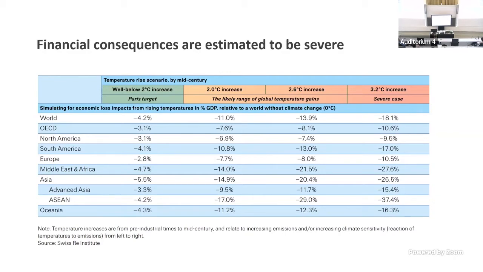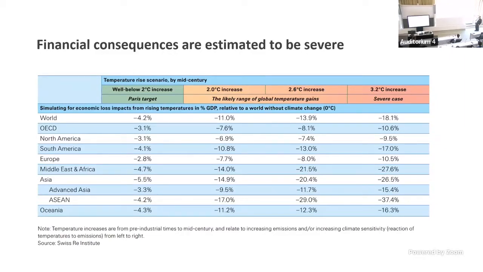And as you probably know, fewer and fewer people believe that we can actually achieve the Paris Agreement target. So as a consequence, we're going to be probably somewhere in the rightmost 3 columns here. And if we're really unlucky, so we go to what they call the severe case, so a little more than 3 degrees increase here.